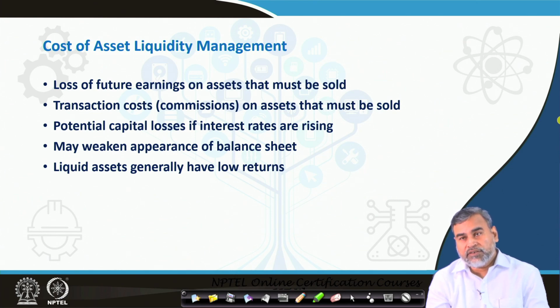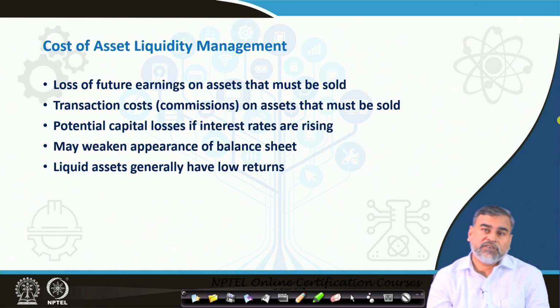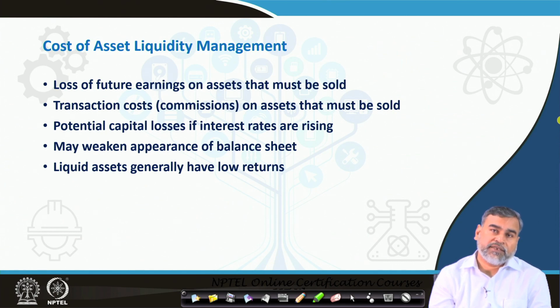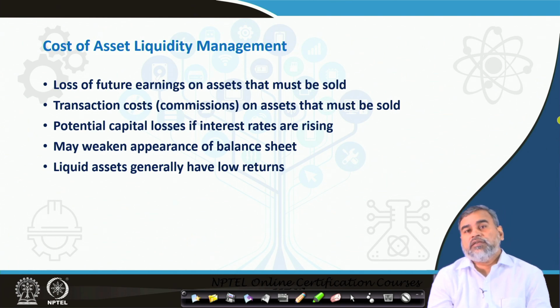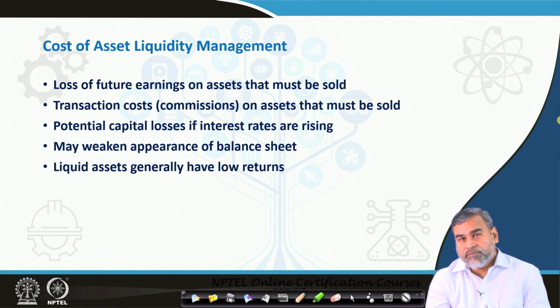So, in a high interest rate scenario, banks need to fulfill their liquidity liabilities, but they can incur capital losses if interest rates are increasing at that point of time.